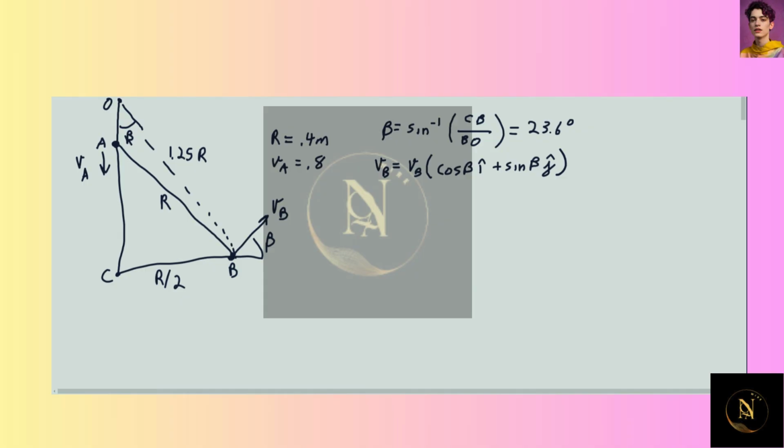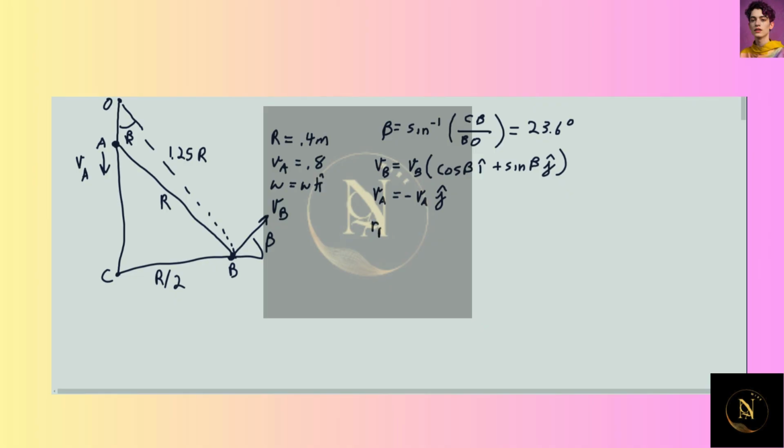We also know that the angular velocity will be in the k hat direction, so we'll need that going forward here. We know that the velocity of A is only in the negative j hat direction, so that's just the magnitude of the velocity of A in the negative j hat direction.